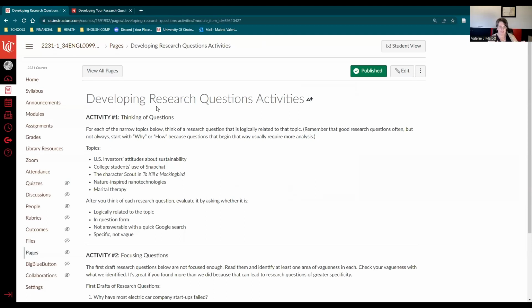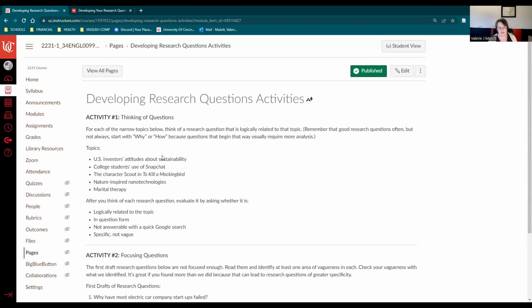So just think about it as something that I'd like you to at least think through, maybe toy with some of the ideas here, but you don't have to write anything and you don't have to submit anything. So the first activity is actually thinking of questions.